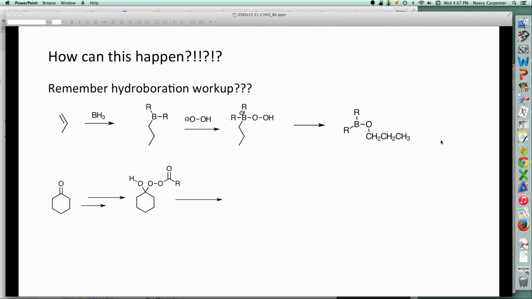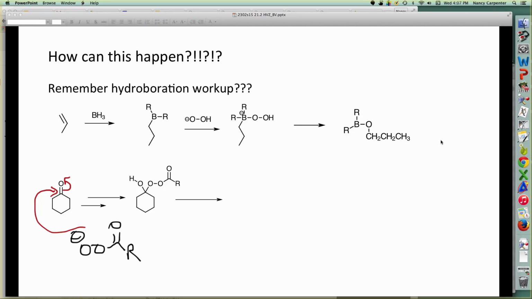So I said the reagent is a peroxy acid. So under basic conditions, this is our nucleophile. It adds to the electrophilic carbonyl.